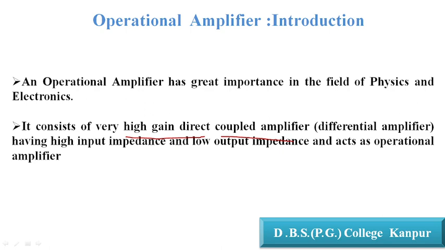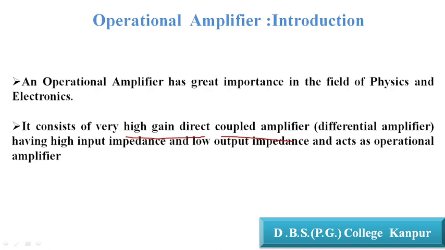But here you only need to understand that high gain means the amplification level is very high, and the stages are directly coupled to each other to make the differential amplifier, which is packed into the IC, that is the operational amplifier.